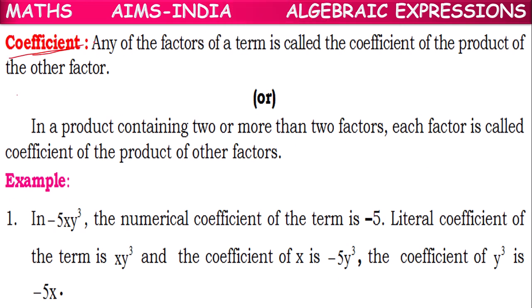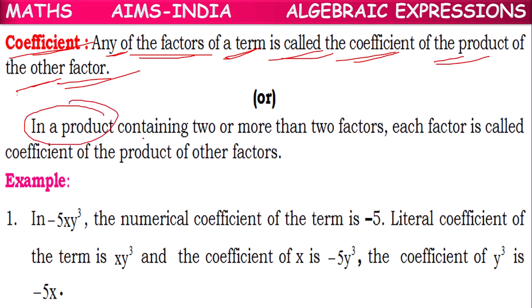Next, we have coefficient. Any of the factors of a term is called the coefficient of the product of the other factors.